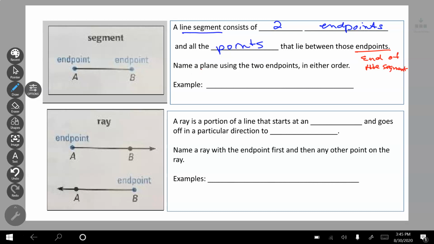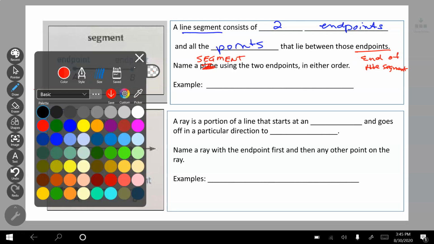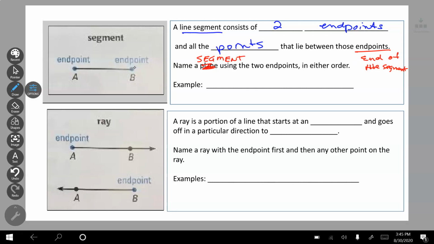Okay, now this is a little mistake here. It says name a plane. It should be name a segment. You're going to have to cross this off your notes. Using the 2 endpoints in either order, here's the idea. This is again where notation matters. Over here on the right, it's segment AB, so it's AB with just this flat line with no arrows on it.